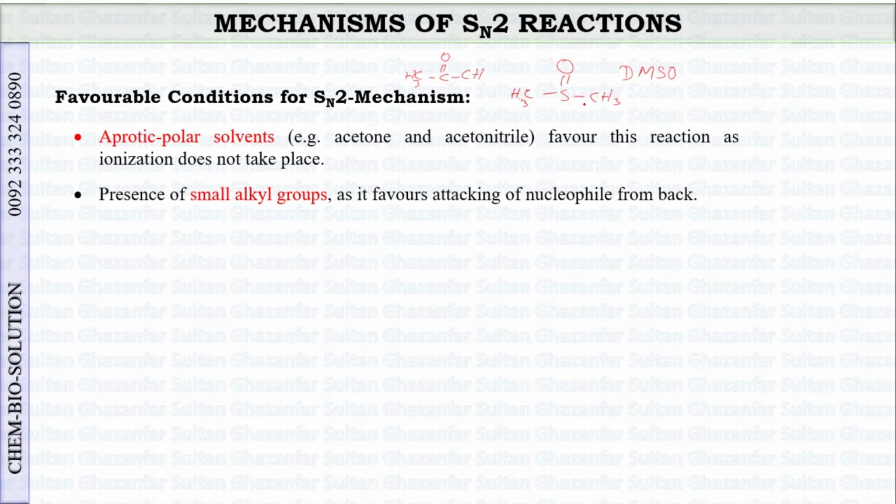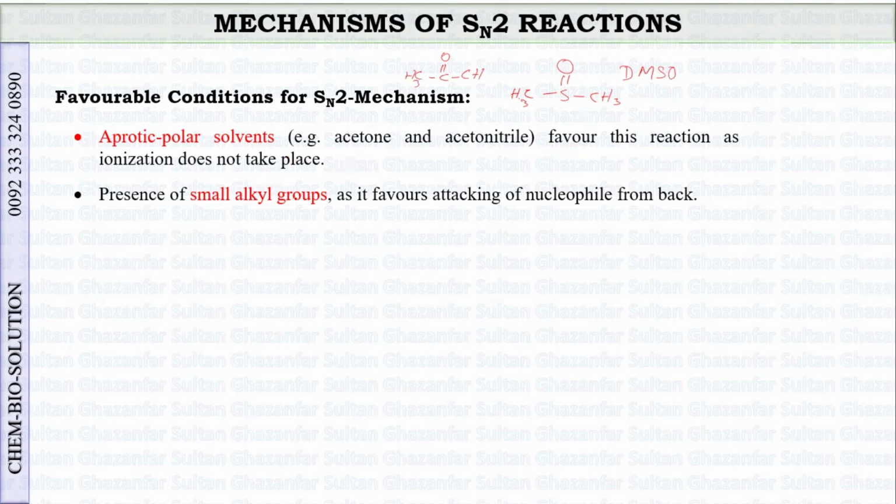Acetone and dimethyl sulfoxide are somewhat similar in structure, but DMSO is more polar as compared to acetone. So depending on the type of alkyl halide, we choose any of these solvents. Aprotic polar solvents, for example acetone, acetonitrile, or dimethyl sulfoxide, favor this reaction as ionization does not take place.